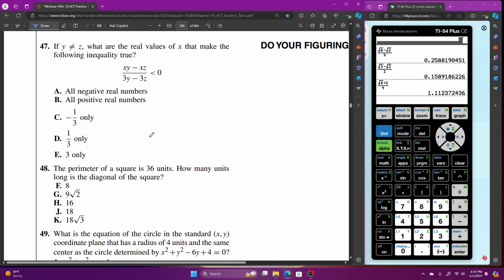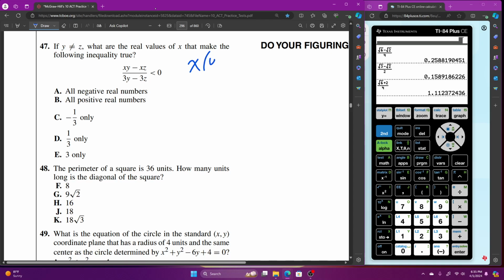And question number 47 says, if y does not equal z, what are the real values of x that make the following inequality true? Well, if we look here, we can see a y at the front of both and a z at the front of both. So I can factor out y minus z.